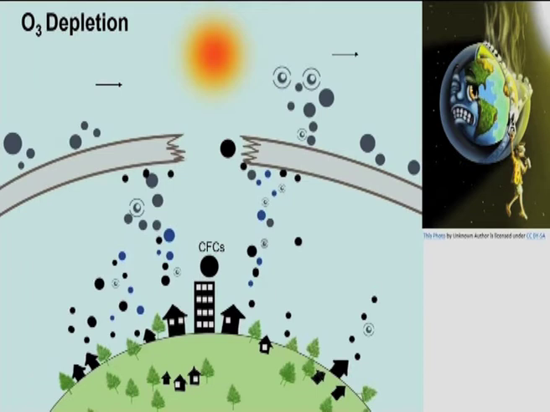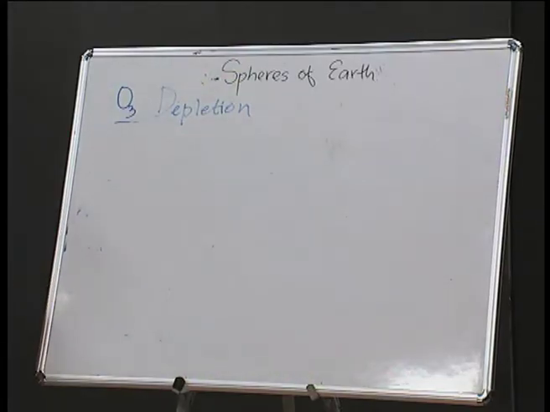And we tend to depend on different kinds of ozone depleting substances that we use in day-to-day life, in our houses, in the factories. So, ozone depletion is again a very important topic for you to learn and remember. Depletion basically means destruction or reduction of ozone molecules in the atmosphere. So, we are going to study how ozone depletion takes place.